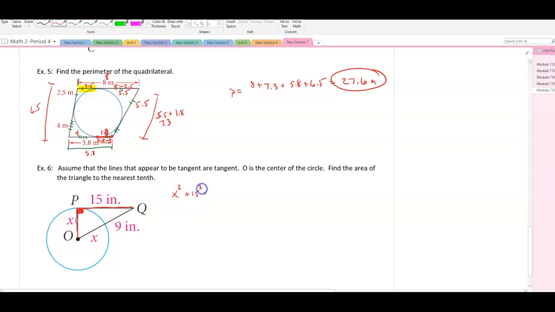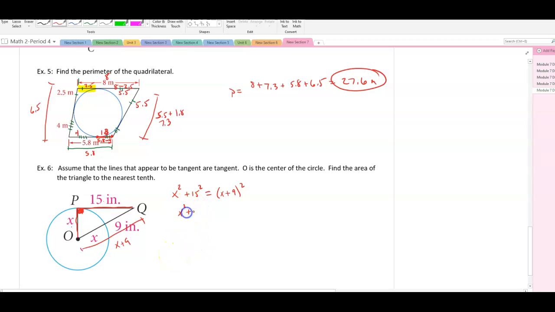But what's crazy about this, it's going to be x squared plus 15 squared equals the length of the hypotenuse, which is x plus 9, which means I have to square that. Now, it seems like it's going to be a chaotic problem, and I personally like reviewing this algebra.